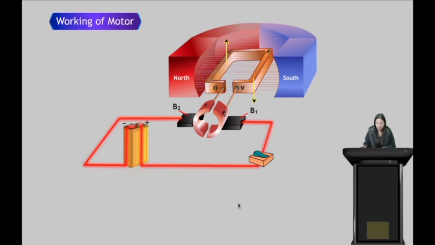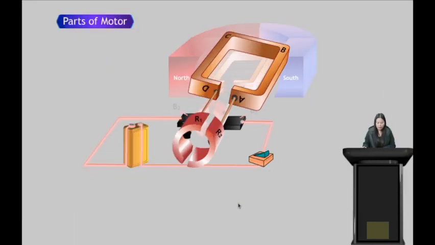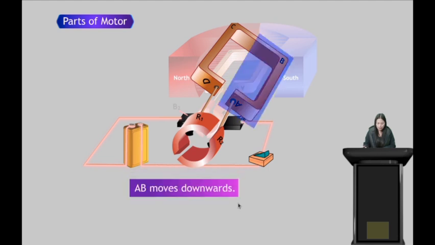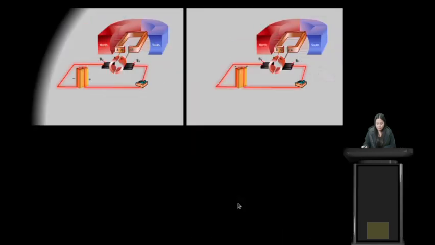So let us observe. Here these two forces are equal and opposite, which makes the coil rotate. Again, in this case, AB will move downward, CD will move upward. This is how the motor works. AB moves downwards, CD moves upwards.